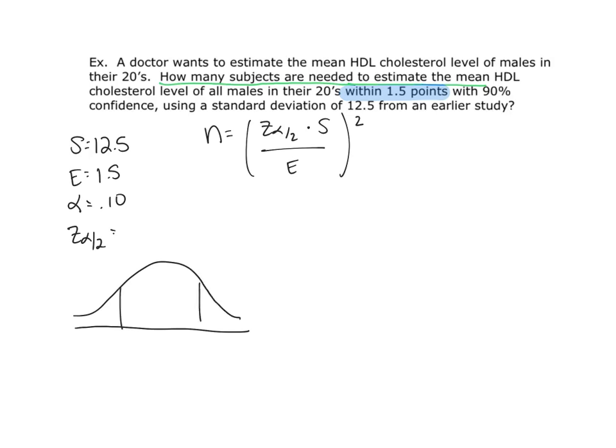The area in the middle of our normal curve is our level of confidence, 0.90. So the area in each tail is alpha divided by 2, or 0.05. Using inverse norm, with the area to the left being 0.05, our critical values are negative 1.645 and positive 1.645. And on our formula, we'll just use that positive value.